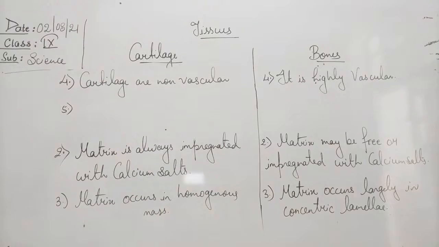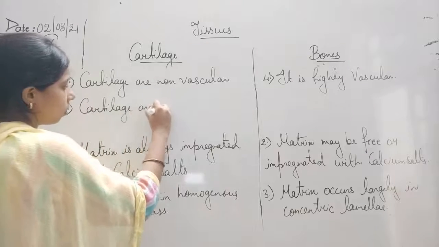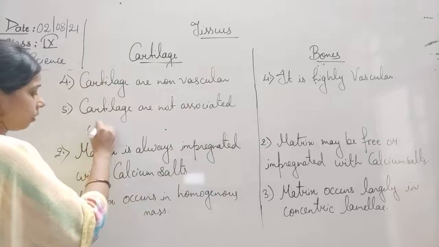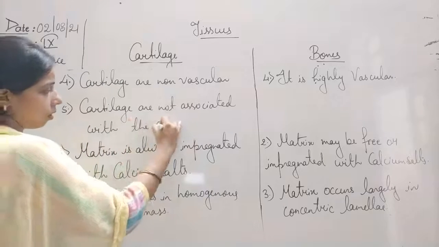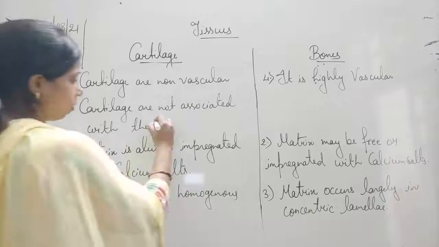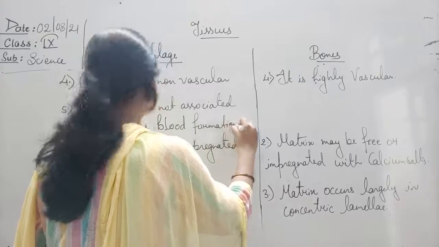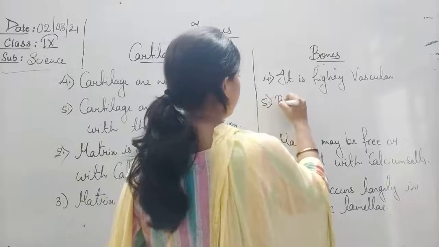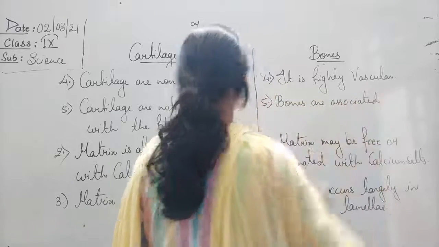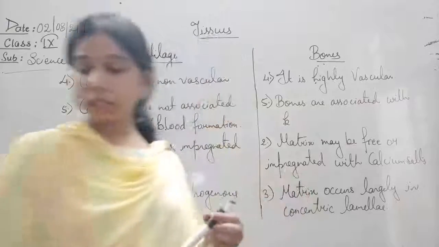So we can say that cartilage are not associated with blood formation, and bones are associated with it.